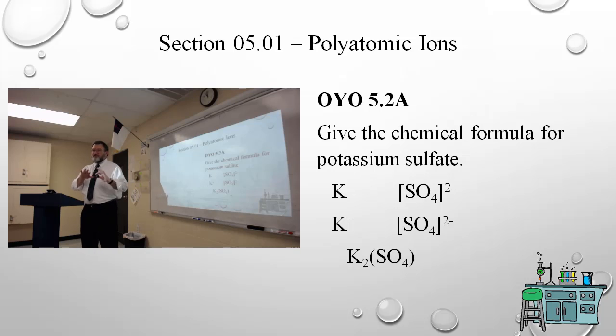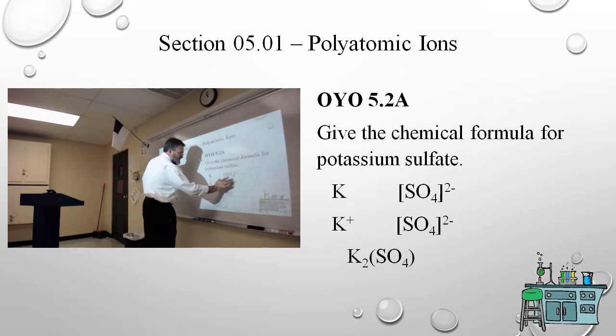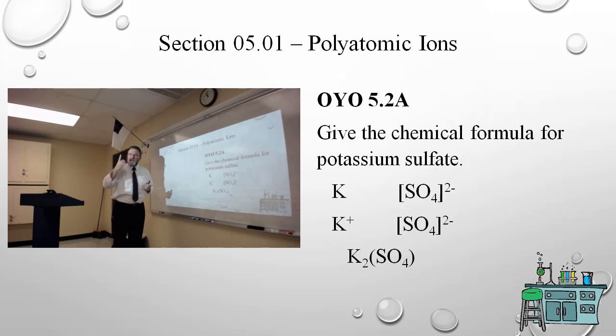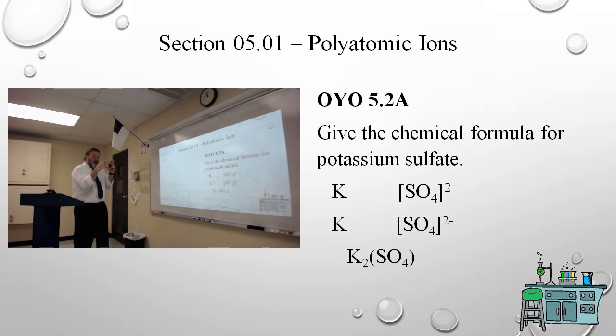Okay. There's nothing different or scary about this than what we've learned for the last 3 weeks. It's just because we now have this bracketed, and it's bracketed so you can think of it all as one thing, right? This whole glob, this whole SO4 structure has a 2 negative charge. And so we'll treat it like it's an atom.